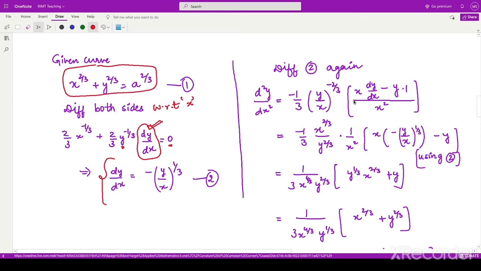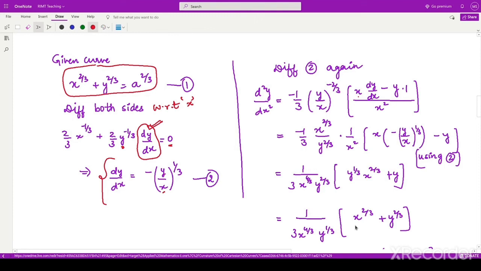Here we will apply the quotient rule. Firstly we write x square in the denominator, then x as such times the derivative of the numerator, minus the numerator as such times the derivative of the denominator. So you could simplify these terms. I hope you can do the calculation part. So finally you would have something like this.